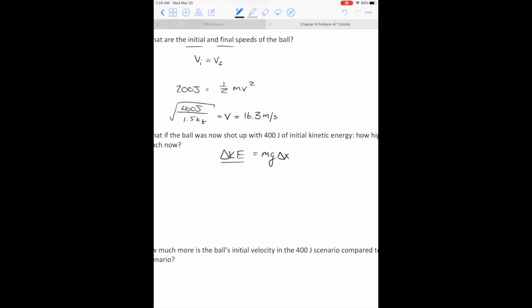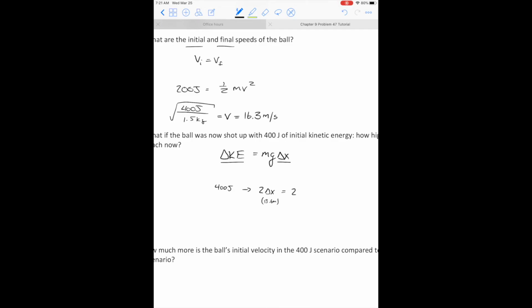What if I double my kinetic energy? Well, if I double this, what has to change over here? The mass can't change, right? This changes. My displacement changes. So if I double my kinetic energy, I double the distance that I actually go up, right? So 400 joules should give me 2 times delta x of the 200 joule height, which we said was 13.6 meters.